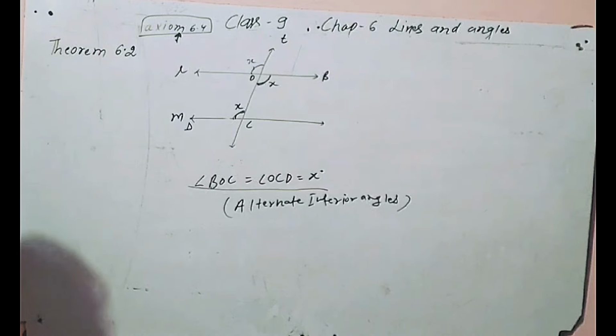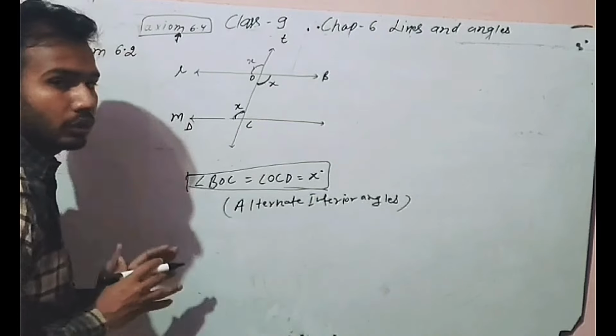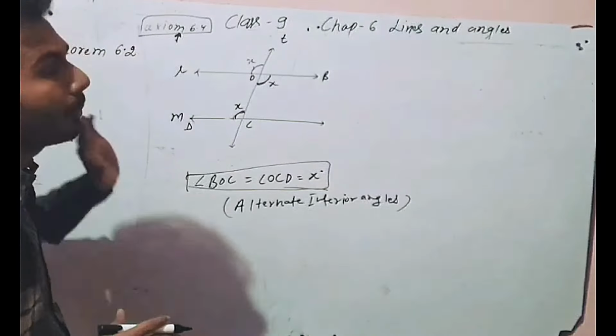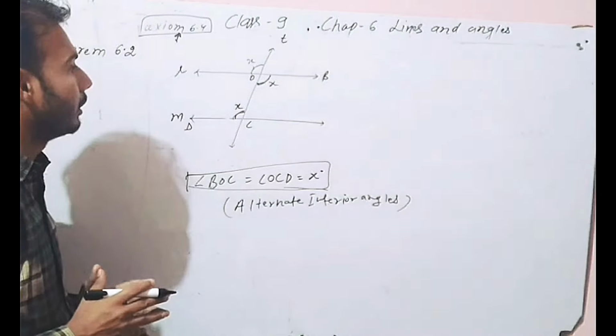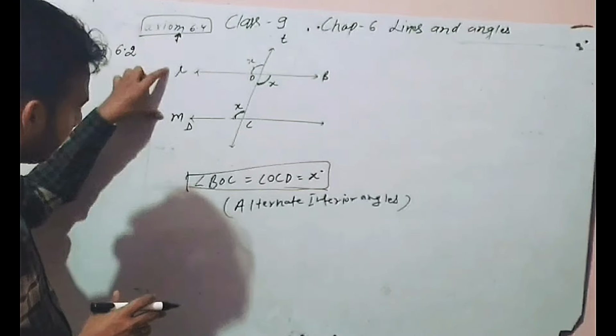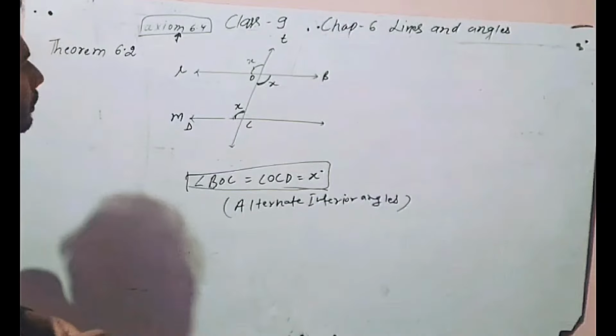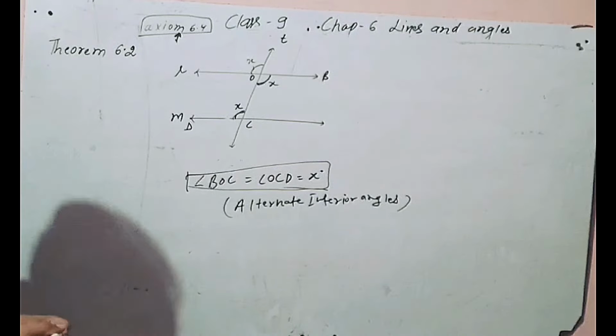But the opposite also you need to understand, which we call the converse of this. What is the converse? If these both angles are equal, then the lines are parallel. That also we need to keep in mind. So if this is given, then L is parallel to M. If L parallel M is given, then this will be. So one is the converse of the other.